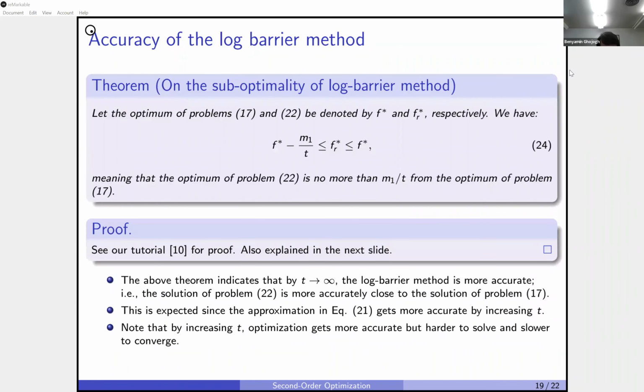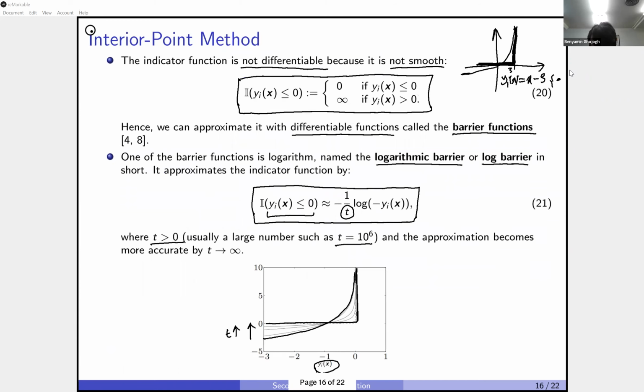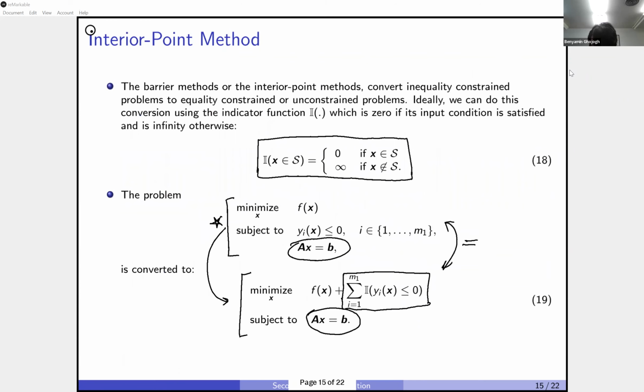Accuracy of the log barrier method. This is the last slide in this session. So assume that the optimum for the problems 17 and 22. What was 17? 17 was this. Was the original optimization problem, I believe.